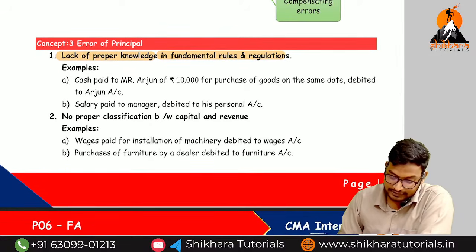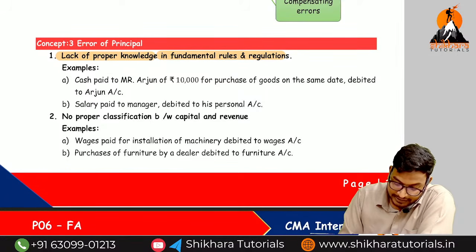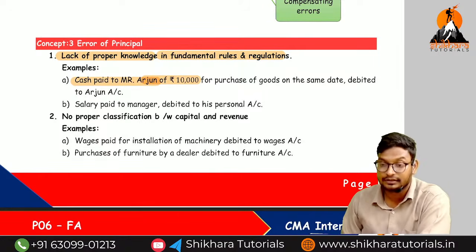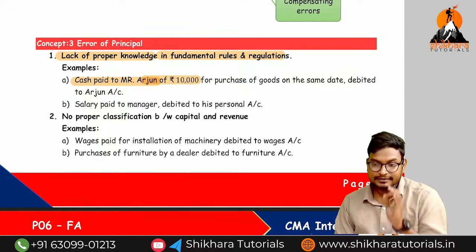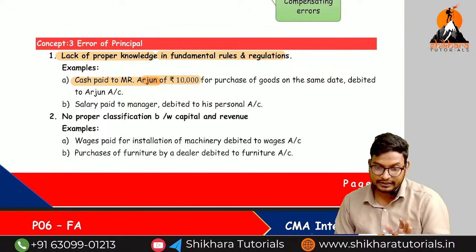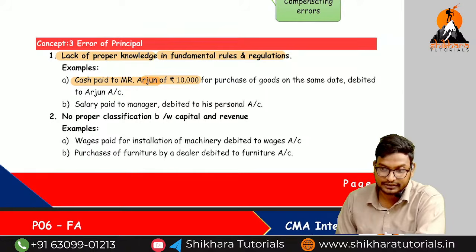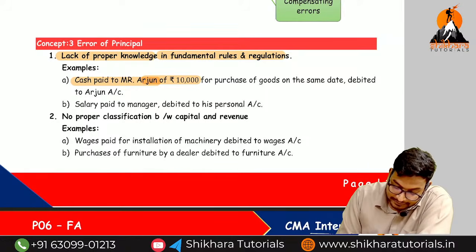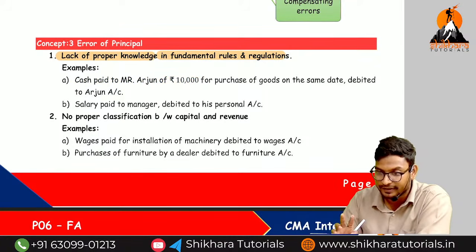See this one, there is an example. Cash paid to Mr. Arjun of rupees 10,000. In the examination, whatever transaction they give, we have to divide it into two parts.